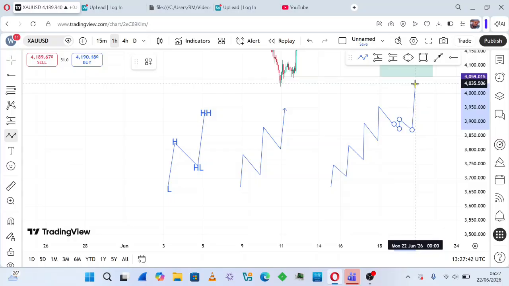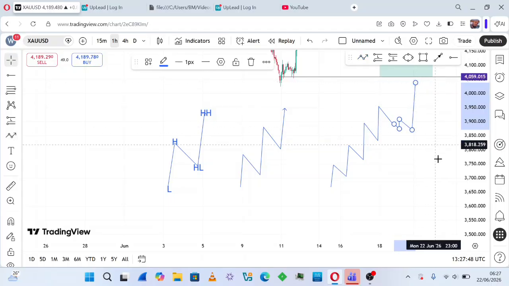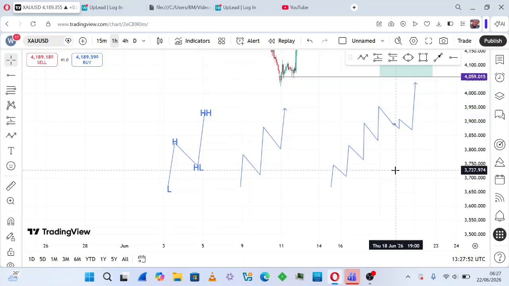So instead, all you have to do is hold on, be patient, and wait for the 1 hour time frame to start buying, then that's when you buy.